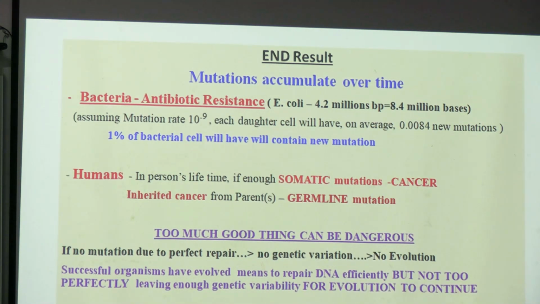So the body has also developed some imperfectness during synthetic mechanisms, for which exact copying, exact translation, exact replication doesn't occur, to give space for evolution to occur. So that is the reason eukaryotic cells have developed DNA synthetic mechanisms that are not the same as what is present in the prokaryotes.